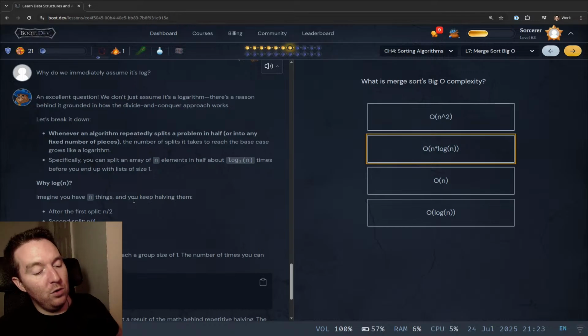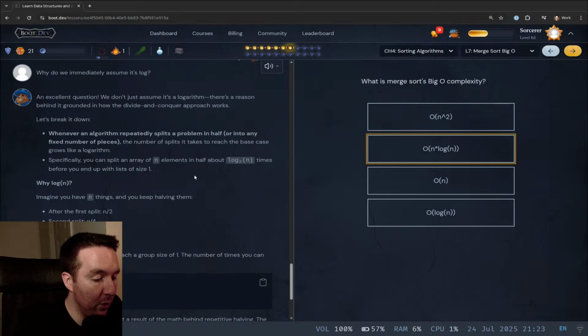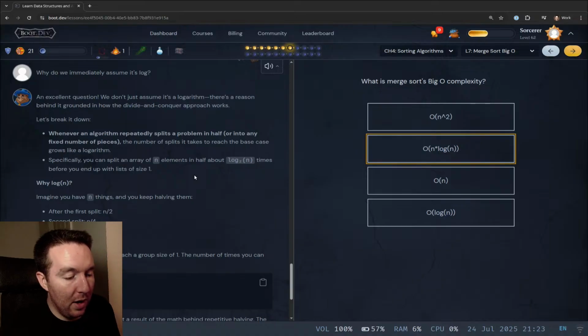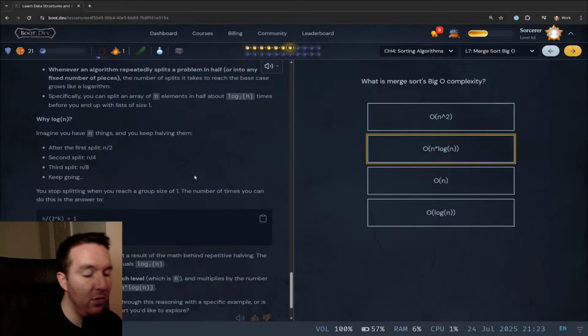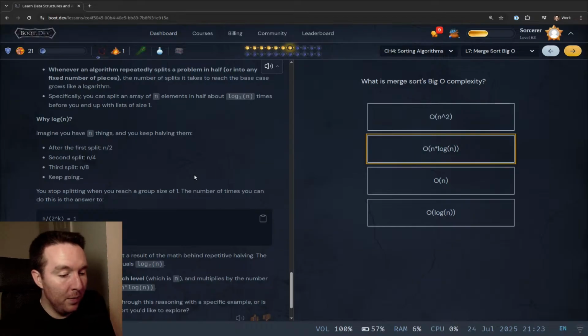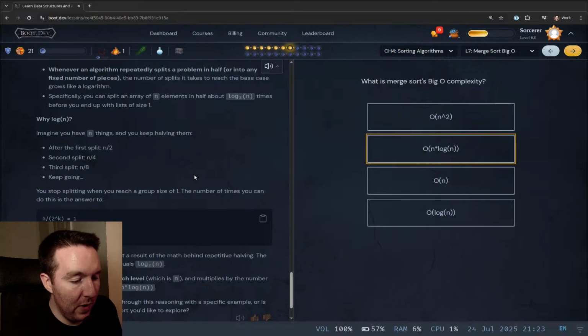An excellent question. We don't assume it's a logarithm. There's a reason behind it, grounded in how we divide and conquer approach works. Let's break it down. Whenever an algorithm repeatedly splits a problem in half or into any fixed number of pieces, the number of splits it takes to reach the base case grows like a logarithm. Specifically, you can split an array n elements in half about log 2n times before you end up with a list of size of 1. Why log n?